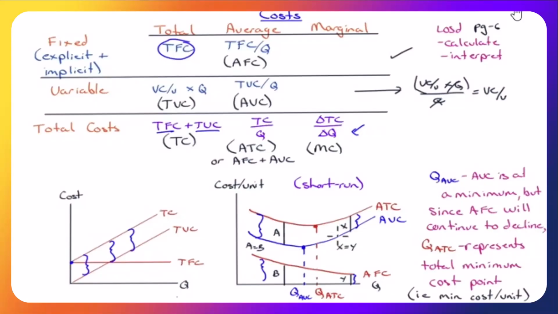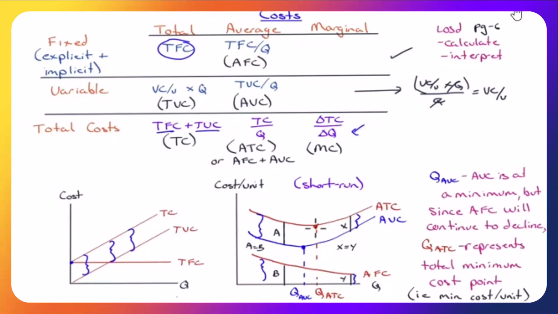So over here, there's one more thing we got to talk about, which is the 2 points on these two curves. Notice that they have minimums in two different places. We will hit a minimum on the average variable cost curve before we hit a minimum on the average total cost curve. So point Q AVC is at a minimum, but since average fixed costs will continue to decline, this point, Q ATC, represents the total minimum cost point.